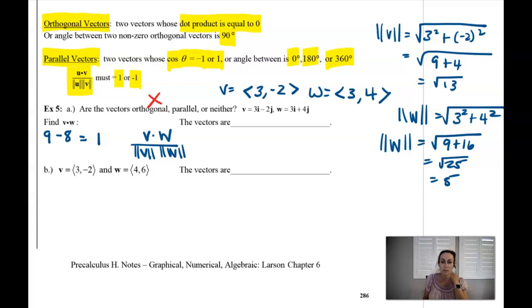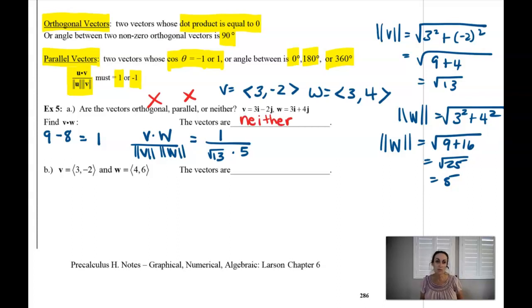So v dot w is 1. And then the magnitude of v was root 13, and the magnitude of w was 5. Well, that does not equal 1 or negative 1. So you're looking for 1 or negative 1. So therefore, it's not parallel either. So my answer is these vectors are neither.